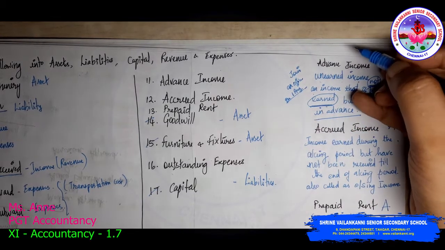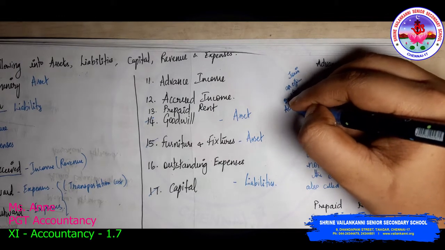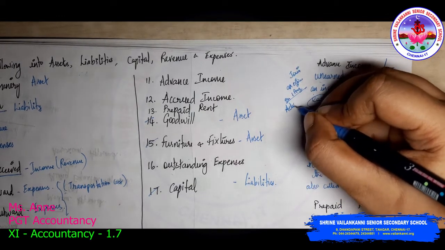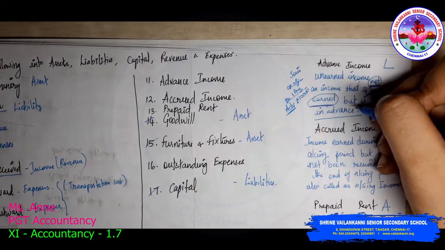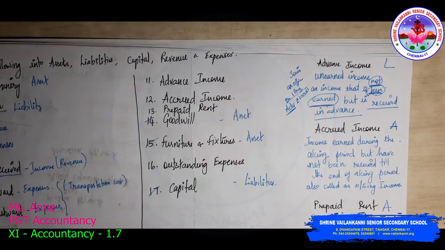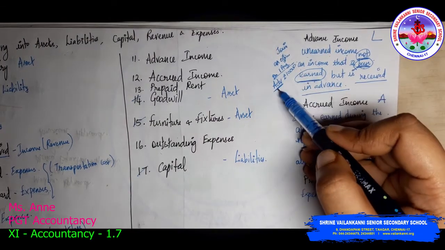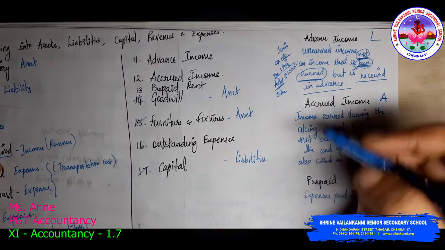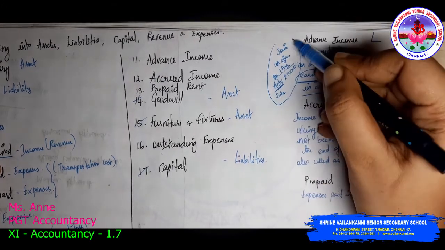See, you are going with merit and you are a rank holder and things like that. So they have given you an advance of rupees 10,000 to join the office. You have joined the office on 1st August. They have paid you the advance in July. So it is called an advance income. Right now you just remember this example.